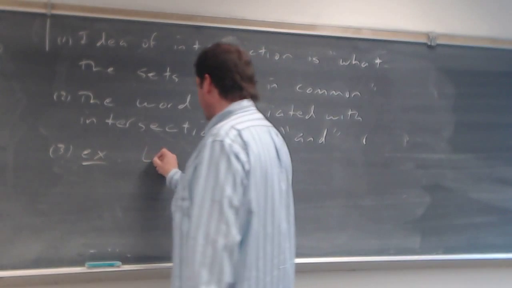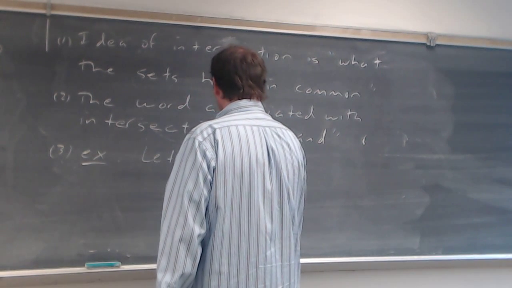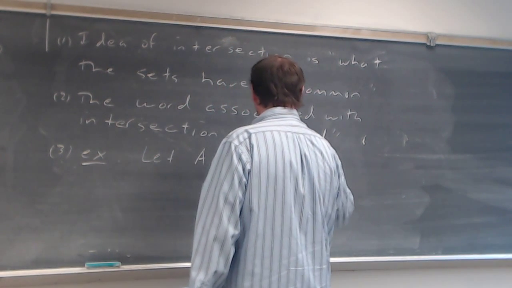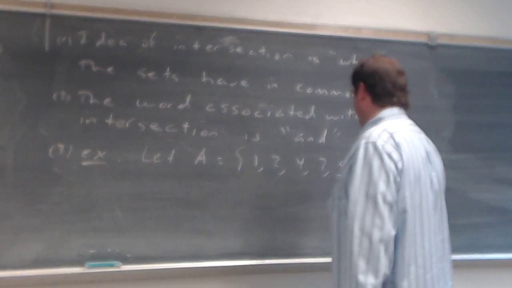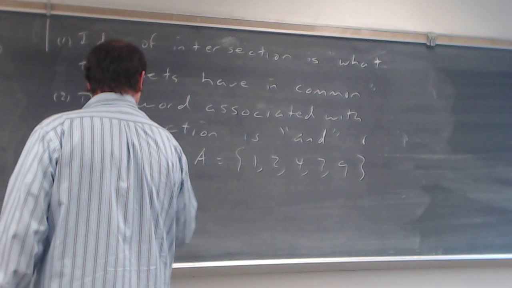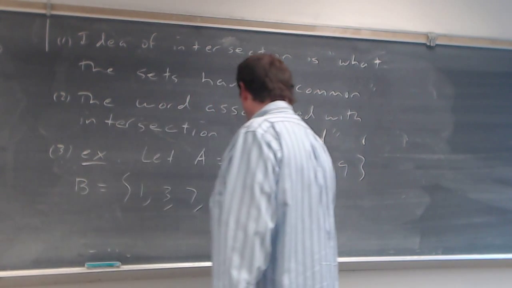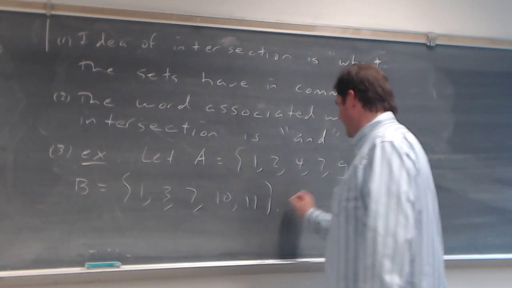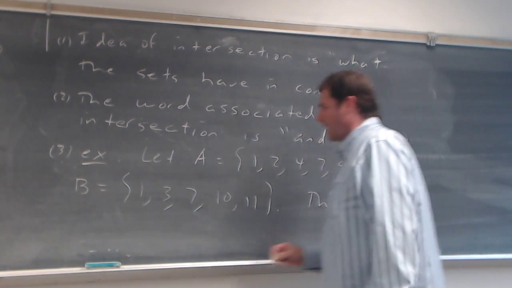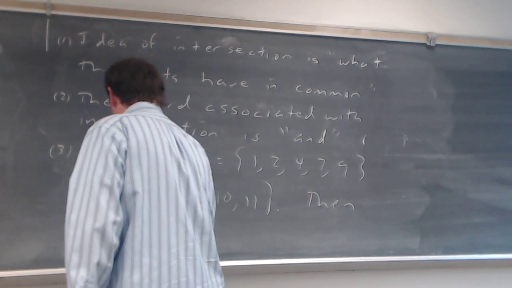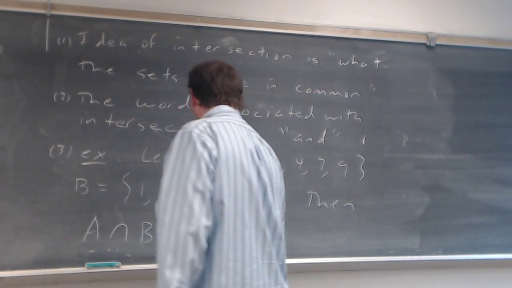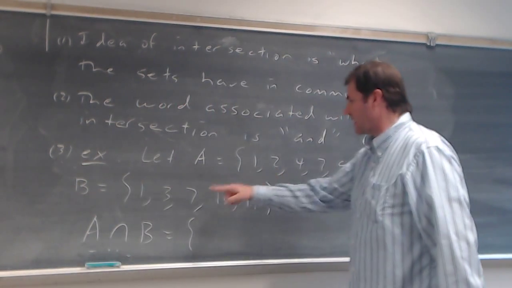So let A be equal to the set containing 1, 2, 4, 7, and 9, and B equal to the set containing 1, 3, 7, 10, and 11. Then A intersect B is the set of what's in common. So look, 1's in A, is 1 in B?